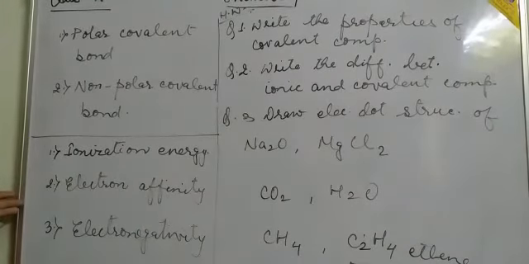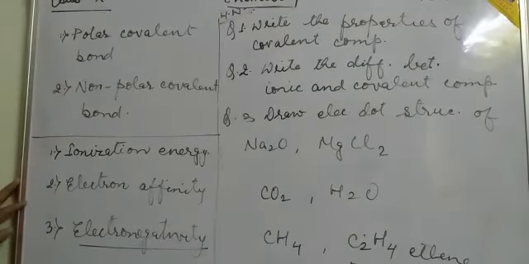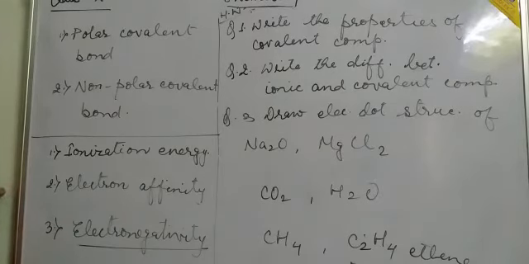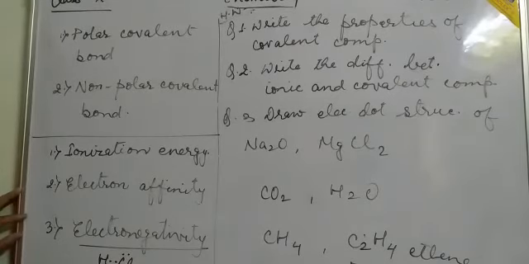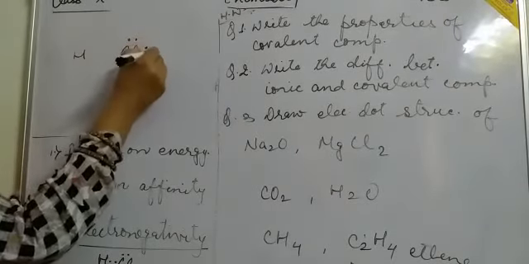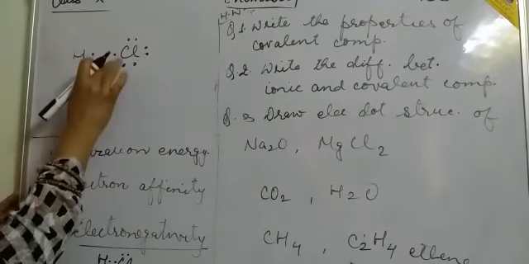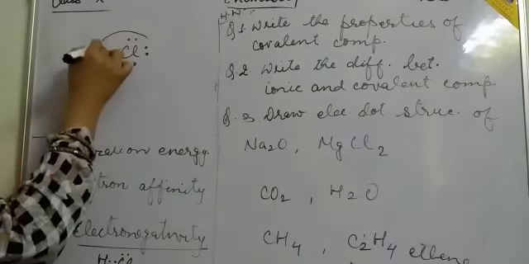To understand electronegativity, some atoms have a tendency to attract. If it is hydrogen and chlorine, this is the bond formed between hydrogen and chlorine, but chlorine is more electronegative. In hydrochloric acid, chlorine has a tendency to attract the shared electron pair towards itself to some extent.